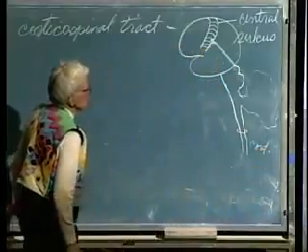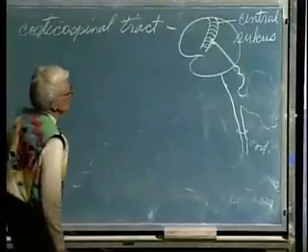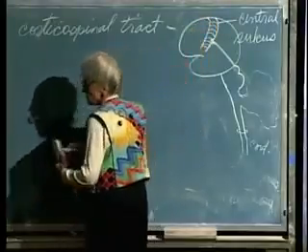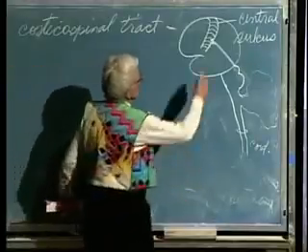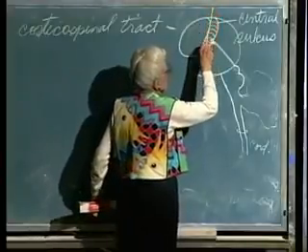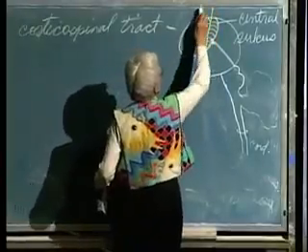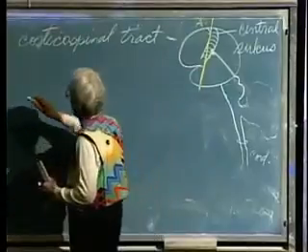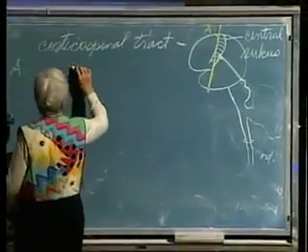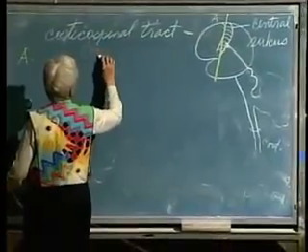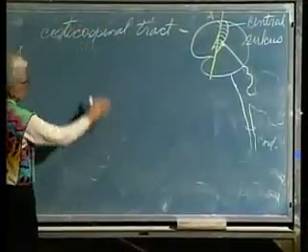So we want to get started with a section through our precentral gyrus. We'll take a coronal section through. So A will be what we do. We need a whole page.